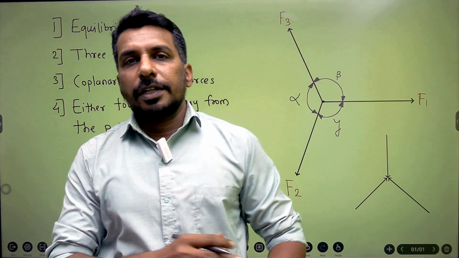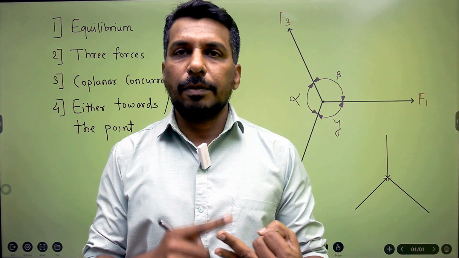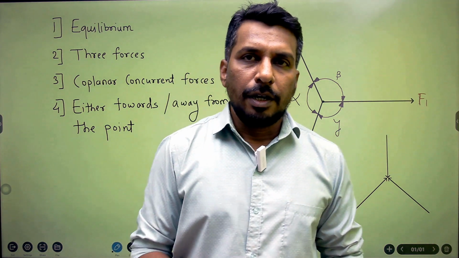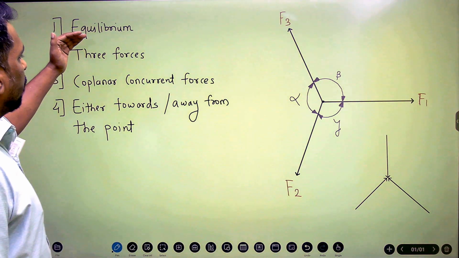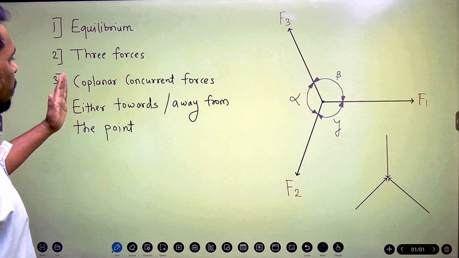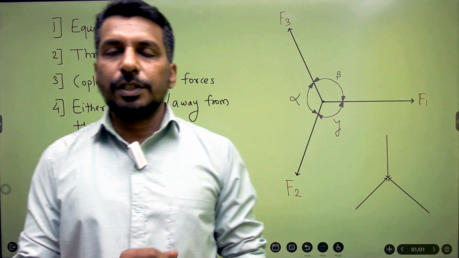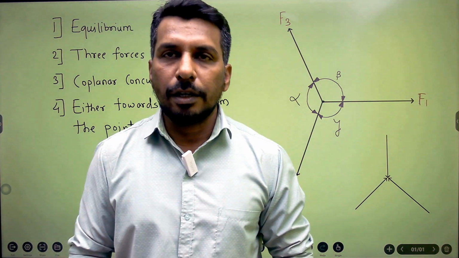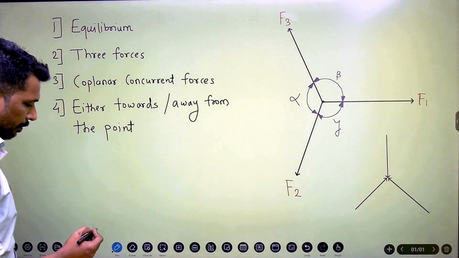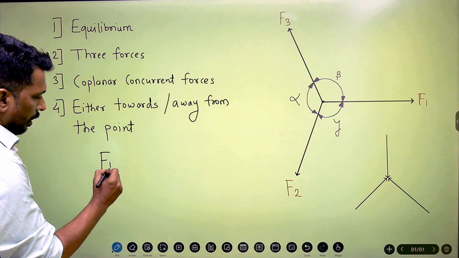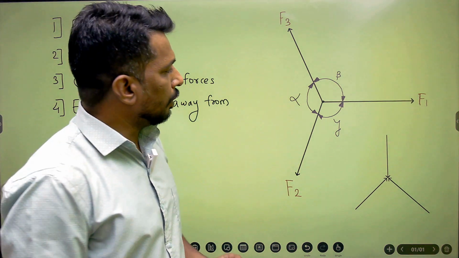Now the question is how to apply Lami's theorem. We have three forces F1, F2, F3, and angles between them, alpha, beta and gamma. According to Lami's theorem, if a body is in equilibrium under the action of three coplanar concurrent forces, then each force is proportional to the sine of the angle between the other two forces.